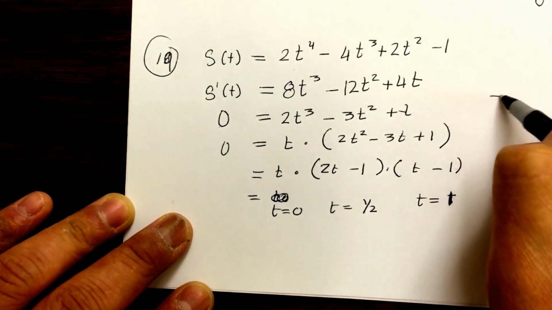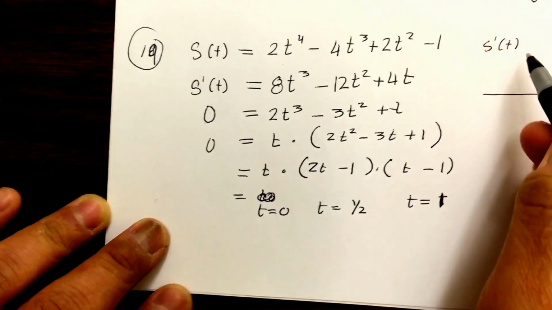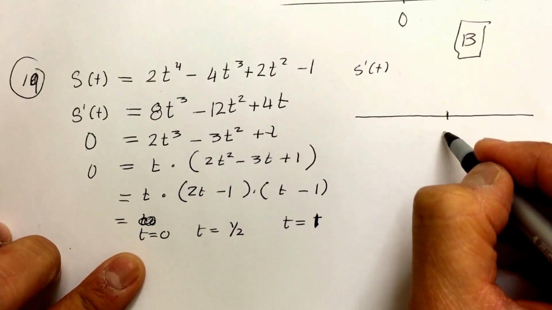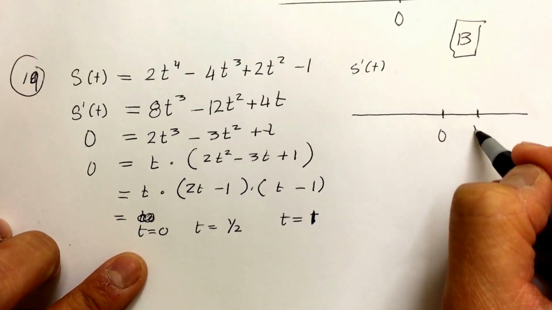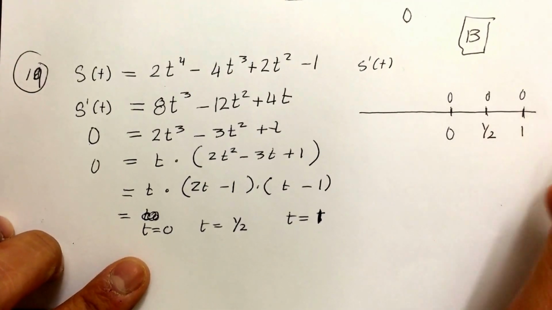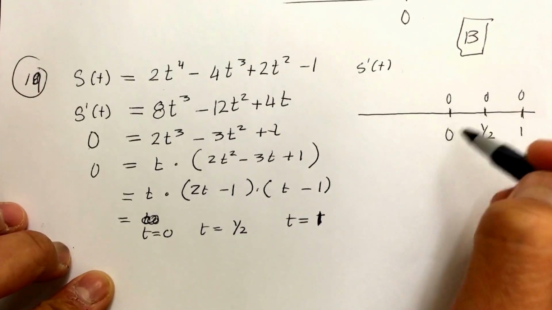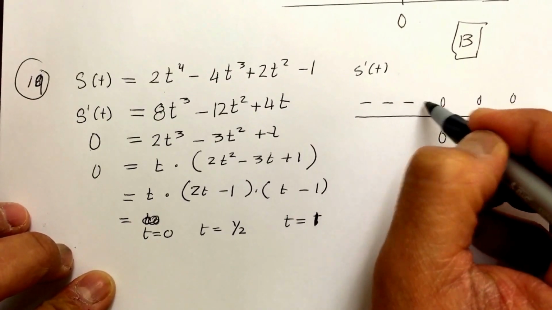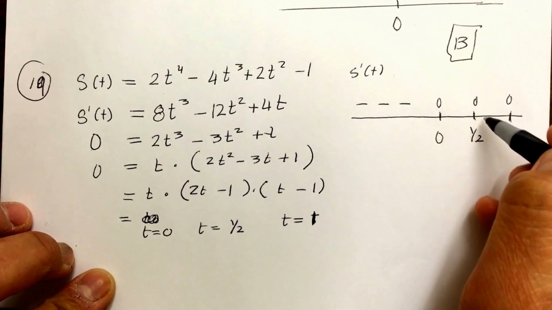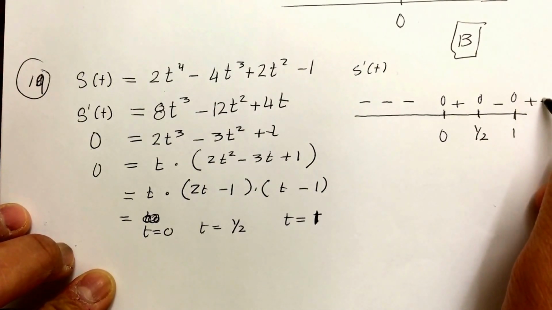So then you draw yourself a number line. We call this the number line for the velocity or the first derivative. Go ahead and plot where the first derivative equals 0, and then make the sign chart. When you do make the sign chart, you're going to realize that that's negative, that's positive, that's negative, and that's positive.